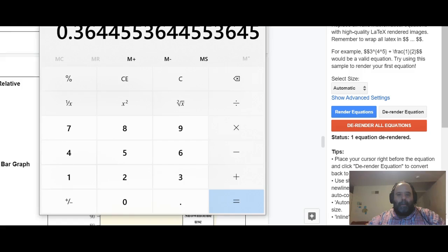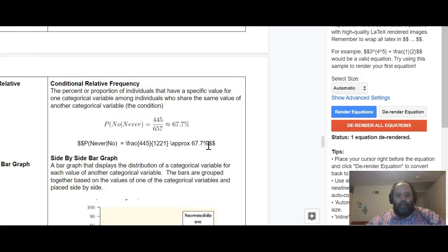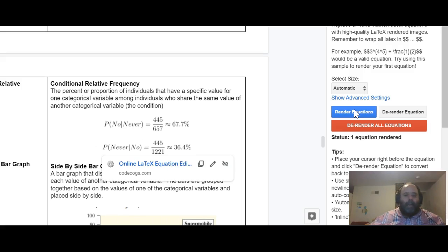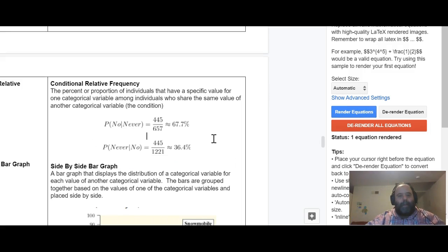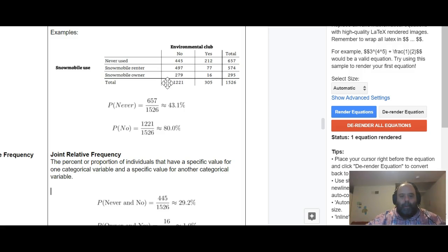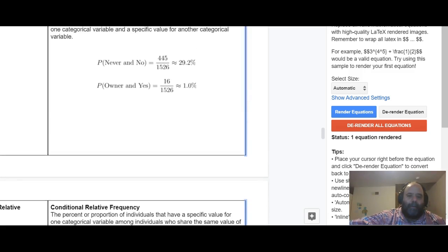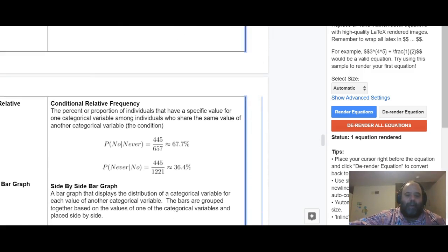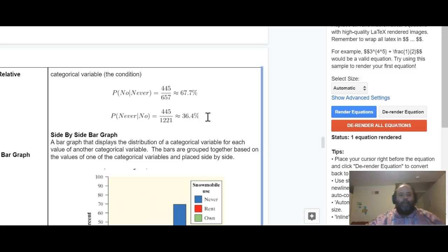Calculator says that's 36.5%. 36.4%. So we'll re-render that. And now the notes are fixed. Yay! It's all better. All right. So now you can see how some of the magic happens with some of the typesetting there. Never given no. So the total number of no's is 1221. Cool. The number of nevers in that group is 445. So never given no is going to be 445 out of 1221, 36.4%. Awesome. So that's going to work.